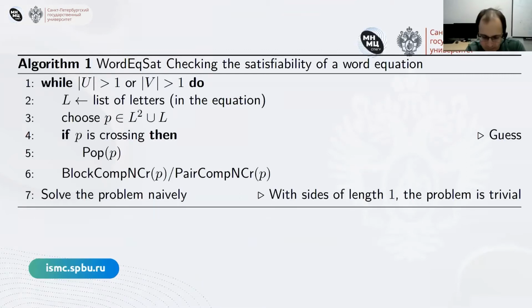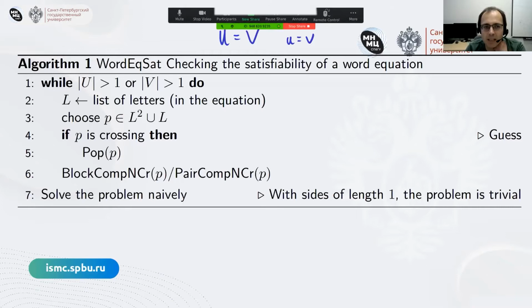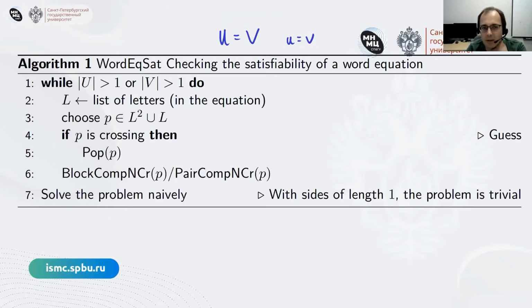To recall, the algorithm worked for a word equation of the form u equals v, sometimes written in small letters or capital letters, no difference. What we did is that we listed the letters which are in the equation and chose either to compress some pair of letters, some AB, or all blocks of a letter A, for a letter which was in the equation.